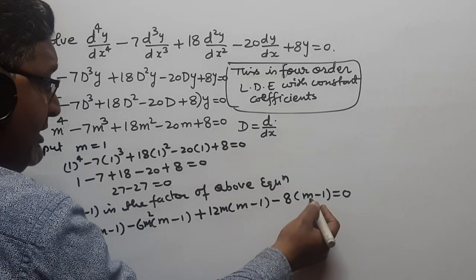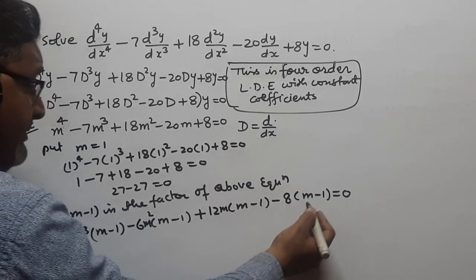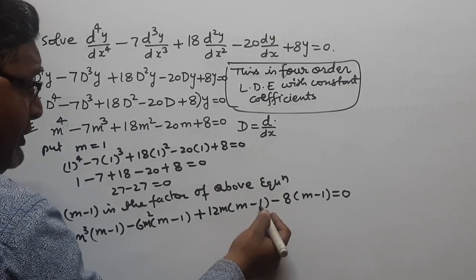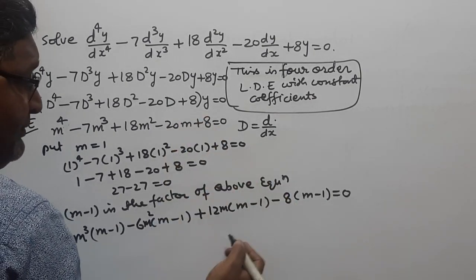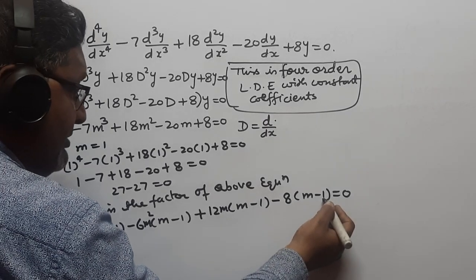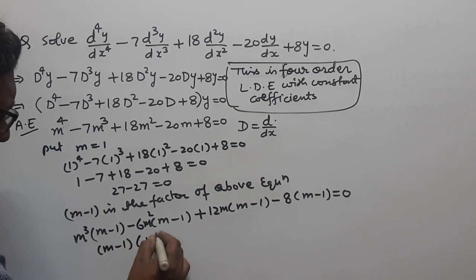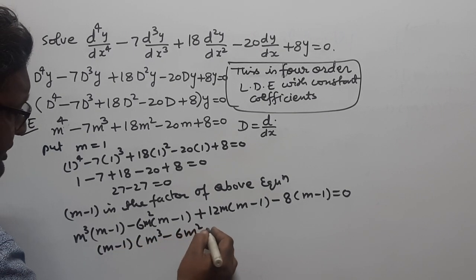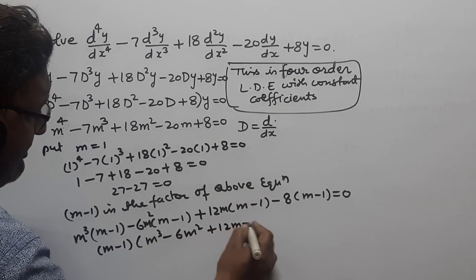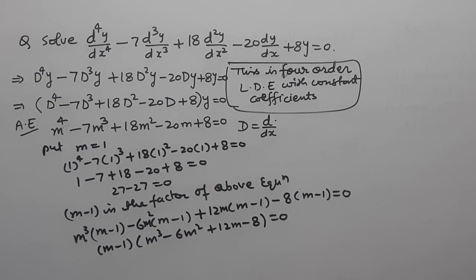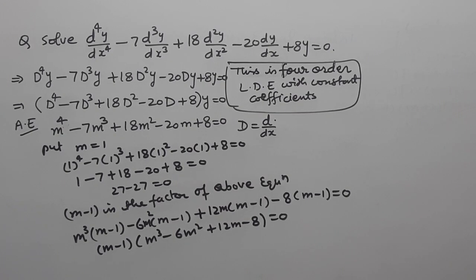Minus 8 multiplied by m gives minus 8m, and 12m multiplied by minus 1 gives minus 12m, so this is minus 20m. And minus 8 multiplied by minus 1 gives plus 8. Now taking m minus 1 common, we get m cubed minus 6m squared plus 12m minus 8 equal to 0. Now we factorize this again.